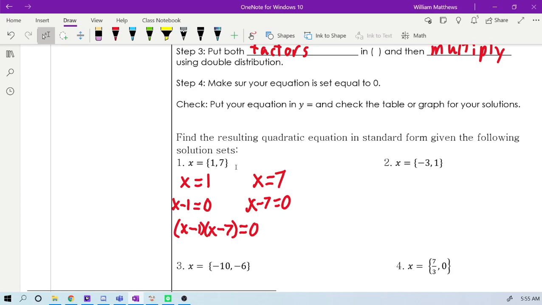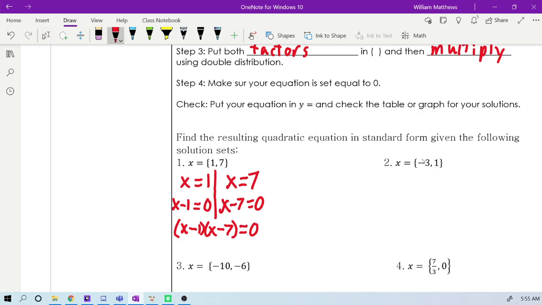Now I'm going to create some space so that I can actually write all this down. But if we were to distribute this, that'd be x times x, which is x squared, x times negative 7, which is negative 7x.